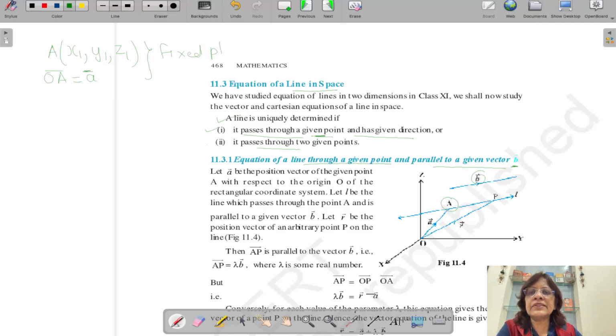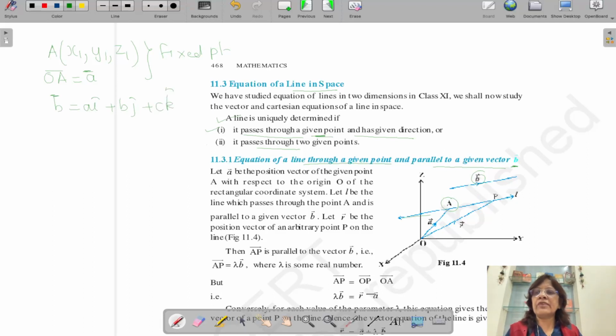And what else is given? That this line, you can see from here, is parallel to some vector B, where vector B we can take in terms of components as ai plus bj plus ck.